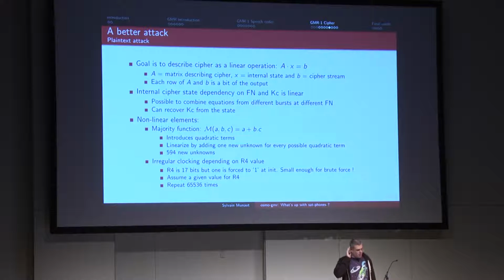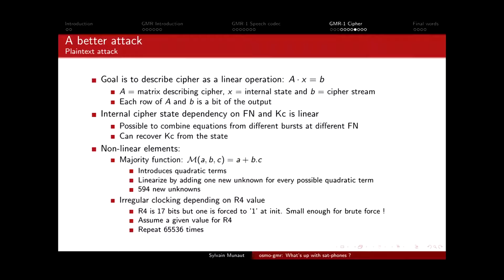Okay, so how do you build a plain text attack? The general goal is to build a giant system of equations that's linear and that you can solve. It's going to have the form A multiplied by X equals B. B is the cipher stream that's generated by A5/GMR-1.